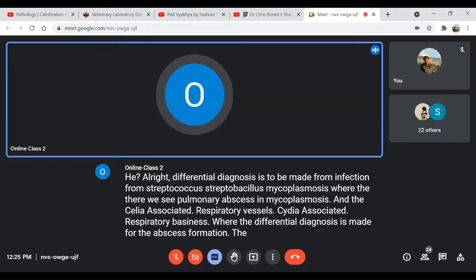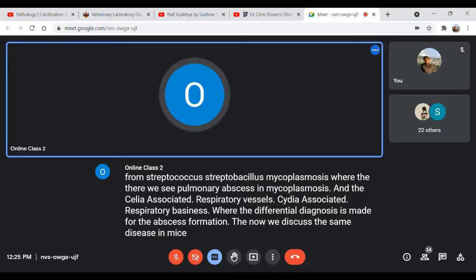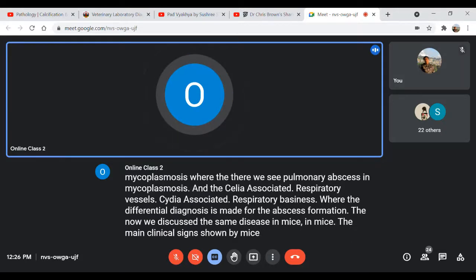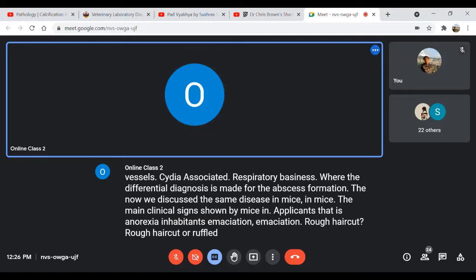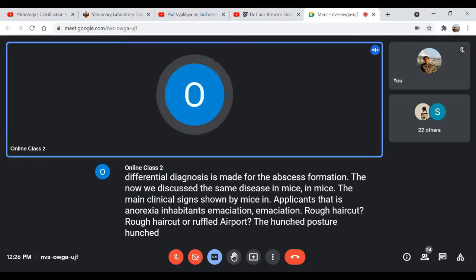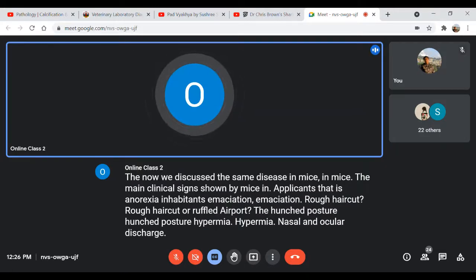Now we discuss the same disease in mice. In mice, the main clinical signs shown are inappetence, that is anorexia, emaciation, rough or ruffled hair coat, hunched posture, hypernia, nasal and ocular discharge, cutaneous ulceration and arthritis.